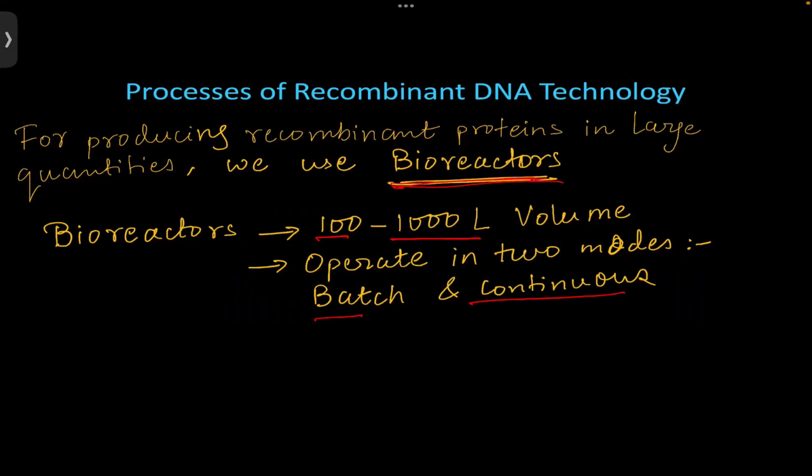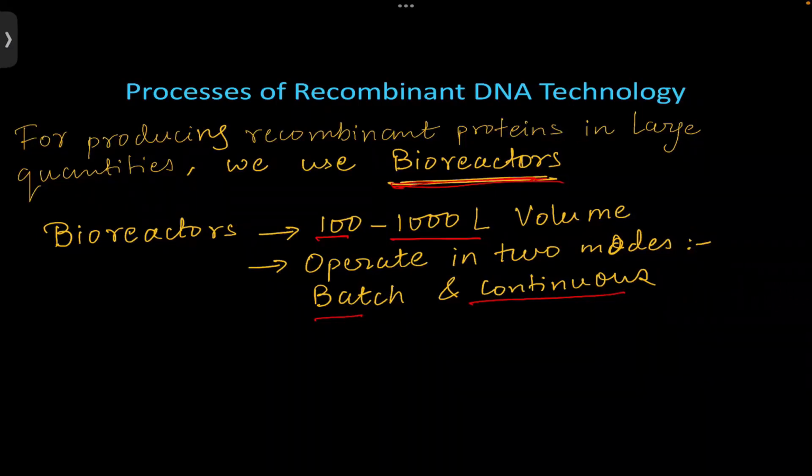Then at the end only, you take out all the content from the reactor, that is the culture media containing your recombinant protein, and subsequently you purify your recombinant protein. This is the batch mode.